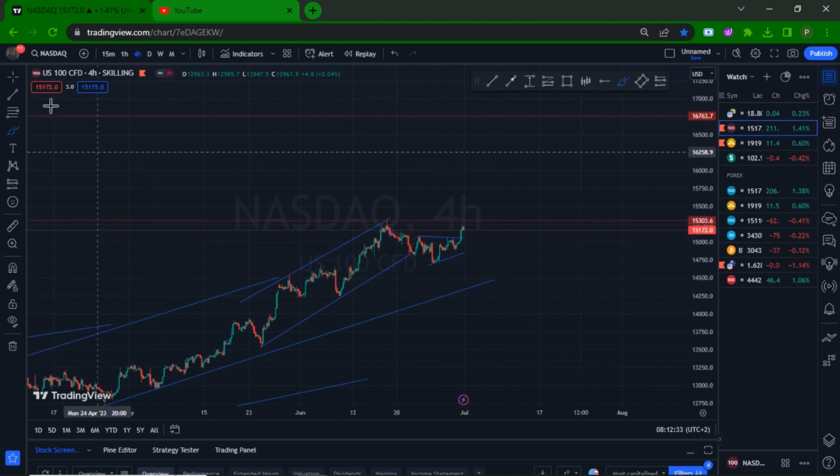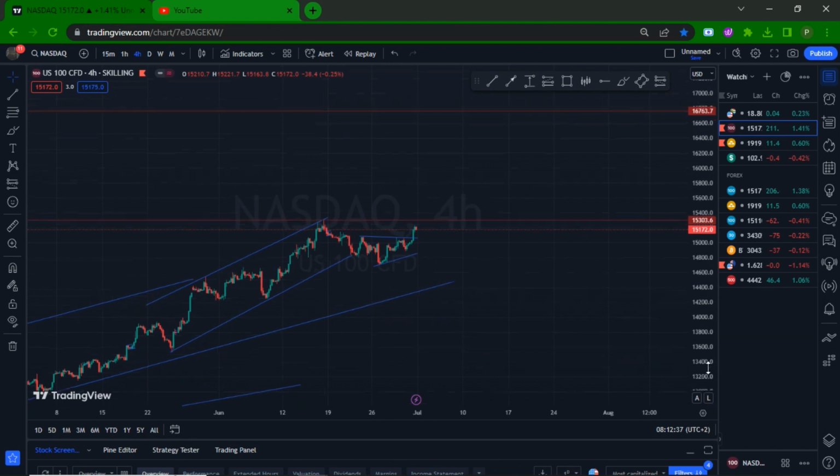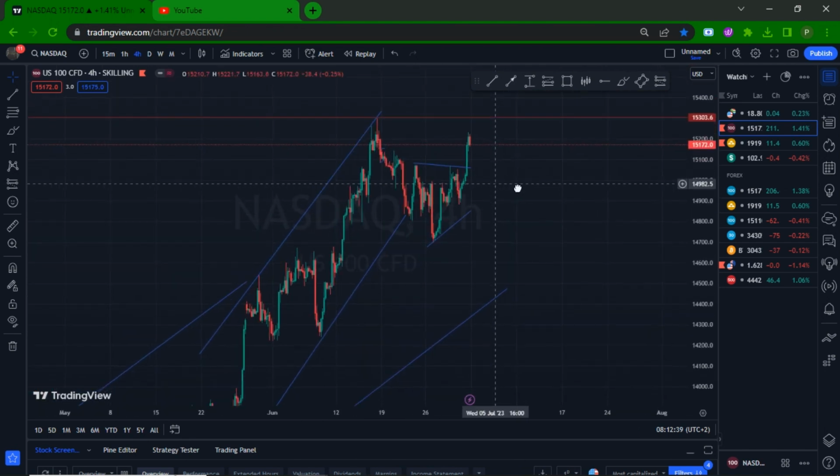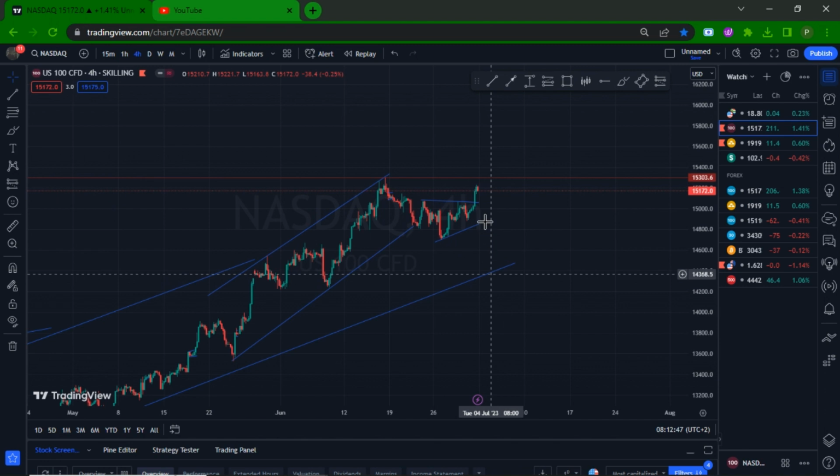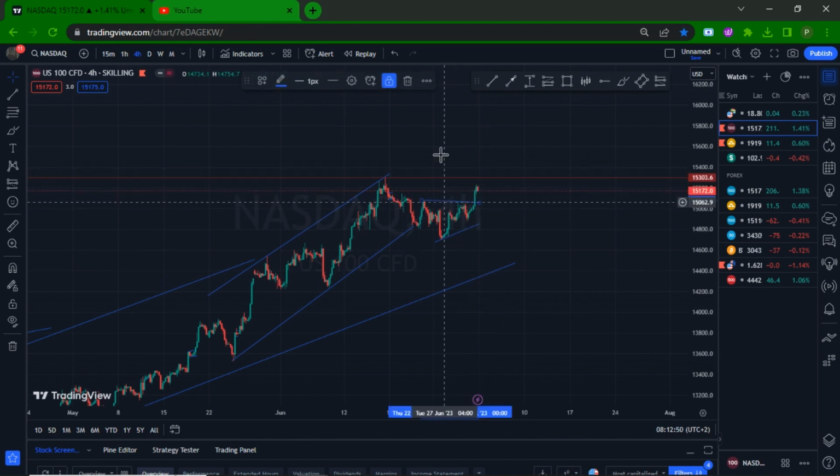Okay, after that, I want you to pay attention here. This is how I'd forecasted previously. I had an impulse, a correction, then it turned into a bigger correction. I was hoping it was going to break to the downside, but however, it broke up to the upside. So now I'm going to have to evolve with the market.